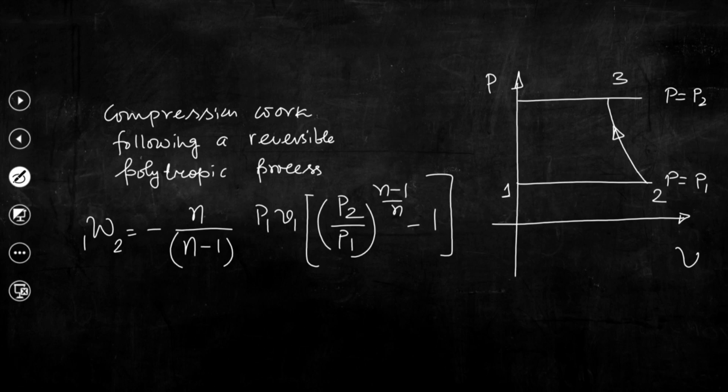So, 2 to 3, that is from pressure P2 to P3, that is what is needed of the process. We need to raise the pressure of the working fluid, and say this is PV to the power gamma equal to constant. So, this is the process.